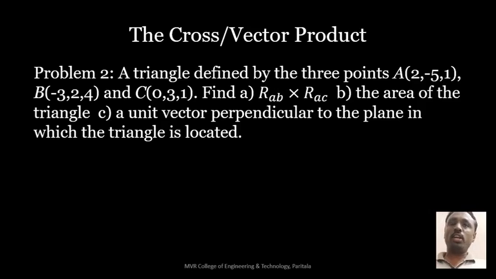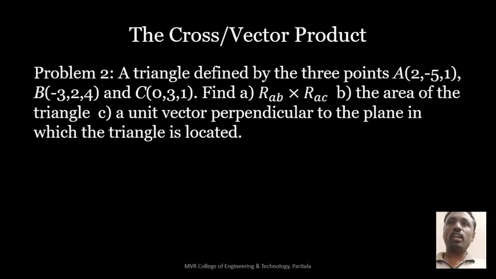What is small RA? 2AX minus 5AY plus AZ bar. What is small RB? Minus 3AY plus 2AX plus 4AZ bar. So RA, RB. So how can we identify RAB bar? RB bar minus RA bar. So that we can identify RAB bar. Similar way RAC.